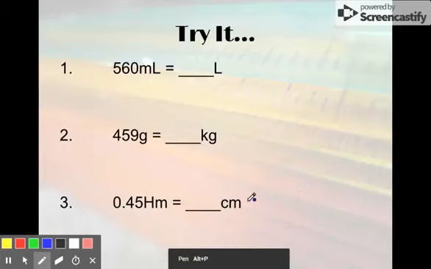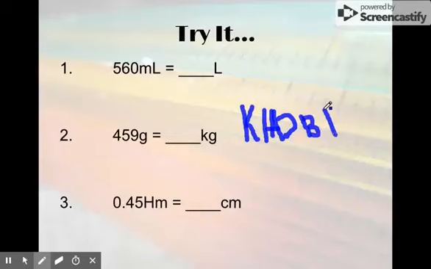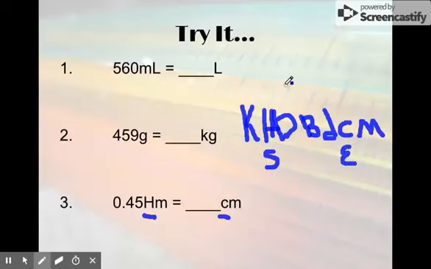Now our last one. Got our conversion table again. King Henry died by drinking chocolate milk. We're starting at H, hectometer, and we're going to C, centimeter. So we count. That's 1, 2, 3, 4 to the right this time.